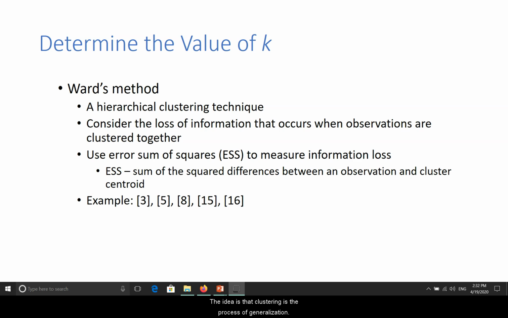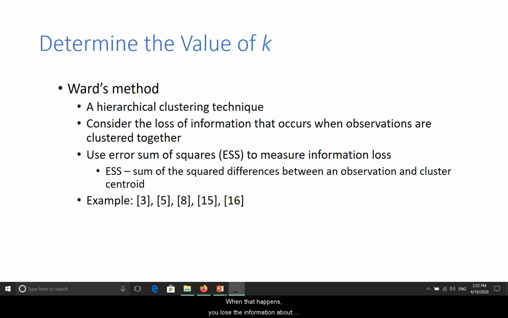The idea is that clustering is the process of generalization. When observations are grouped into clusters, they lose their individual identity, and instead are represented by the cluster identity, which is often manifested by the cluster centroid, or cluster center.